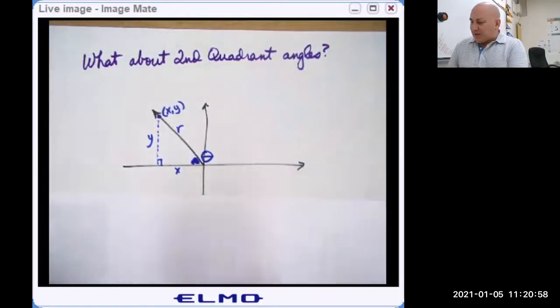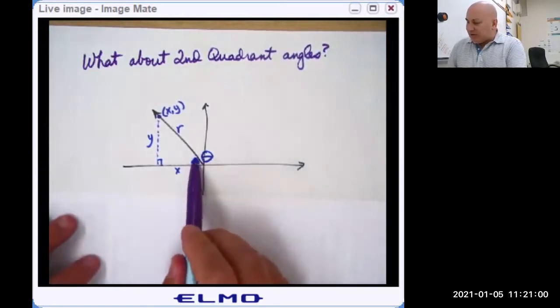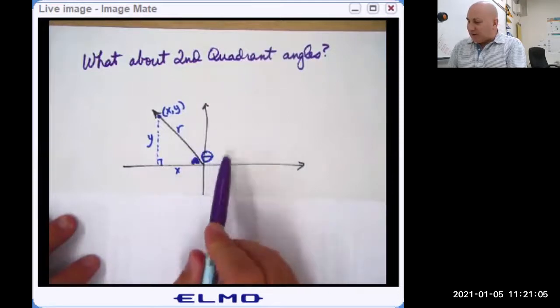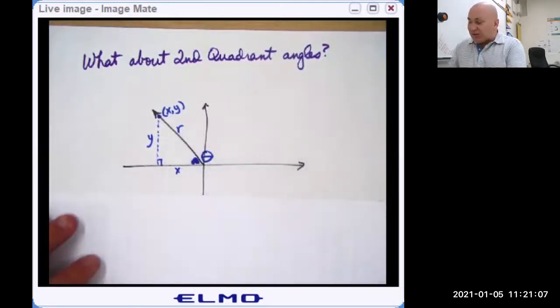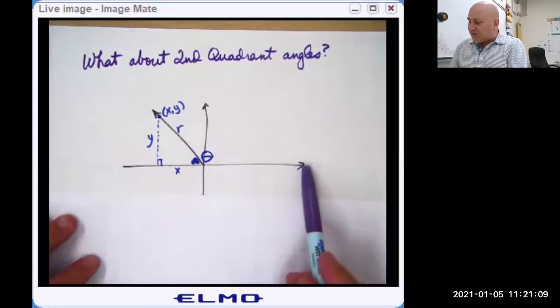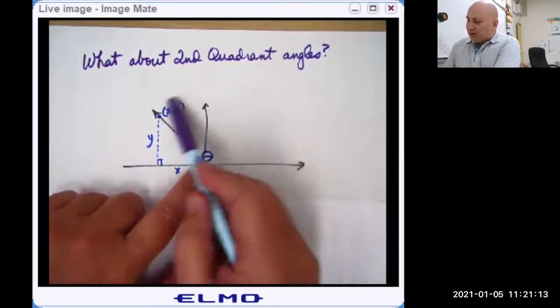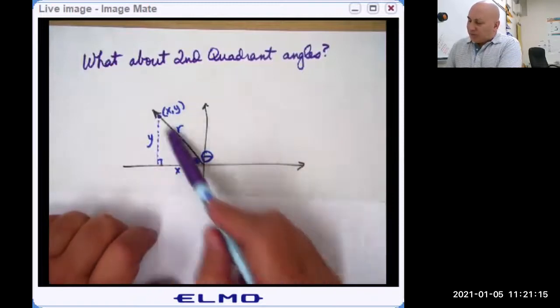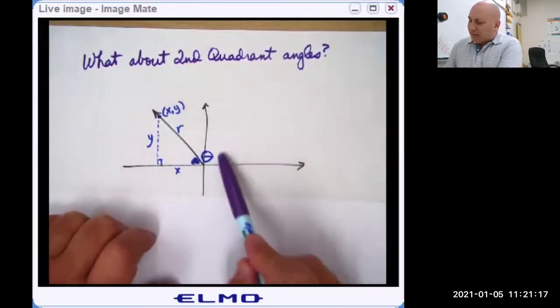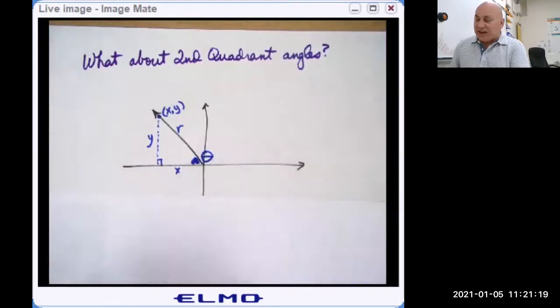Well, it turns out, and this angle in here is not theta, this angle out here is theta. Because remember, our angle starts in standard position along the positive x-axis, at the origin, and it rotates, and if this is the terminal side, this is the angle through which it rotates, theta.